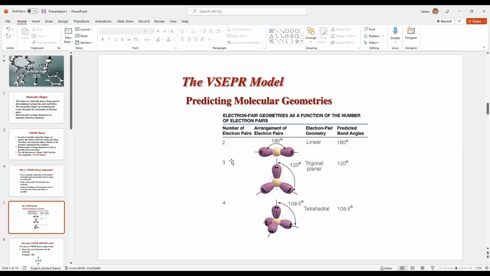When we have three electron pairs, the bonding angle will be 120 degrees, and the electron pair geometry will be trigonal planar. In this case, for 4 electron pairs, it will be tetrahedral.